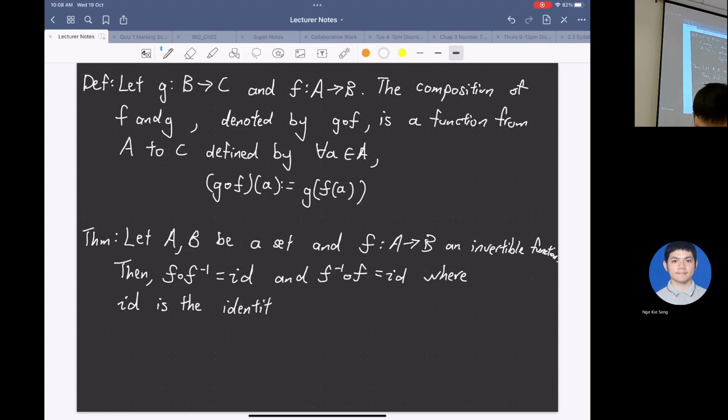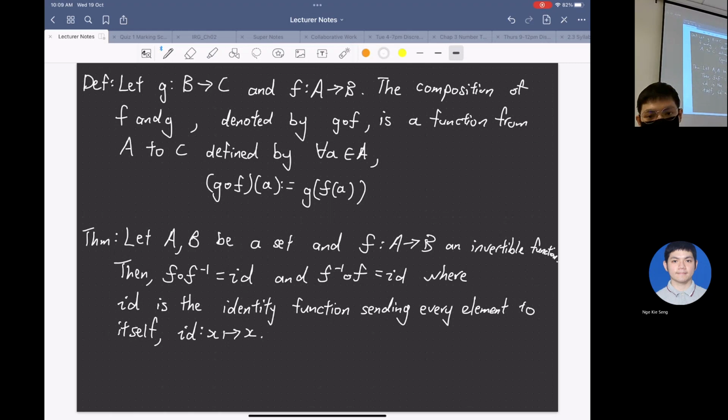What's the identity function? The identity function sends every element to itself. In other words, I send x to x.